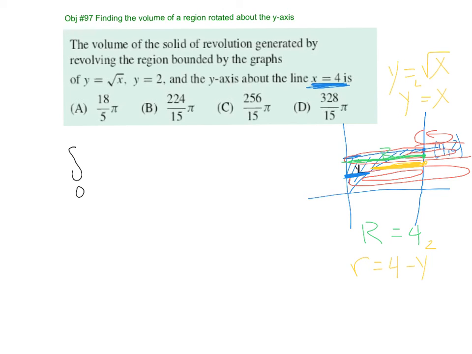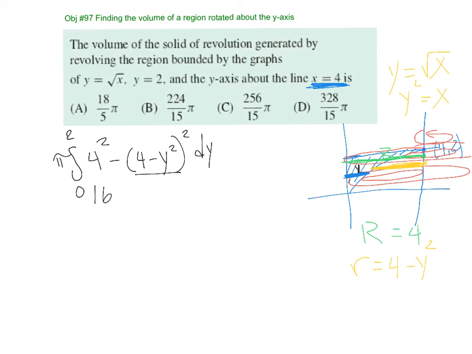0. What's the y value? 2 pi big R squared, which is 4 squared, minus little r squared. Now you can do this, but this looks like it's not a calculator problem. Notice the answers. So you cannot integrate this second piece, so I'm going to multiply it out.